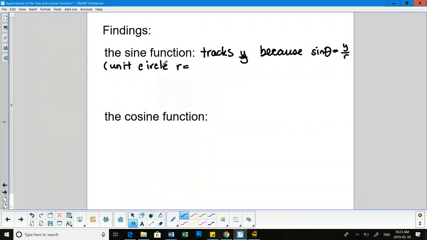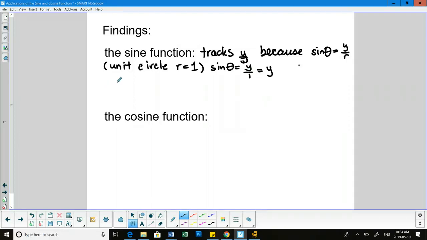Circle. That tells us that radius is actually equal to 1. So what happens is we get sine theta is actually equal to y over 1, which gives us y. So when I think about tracking something with a sine function, I want to think vertical displacement. I think about the up and down of the point rather than the left and right of the point.